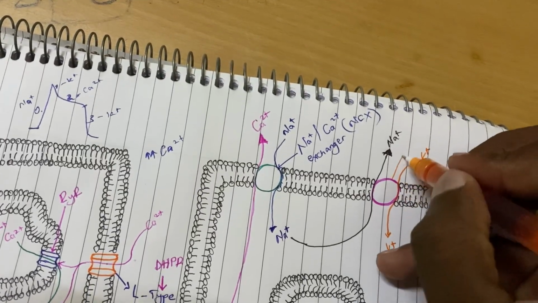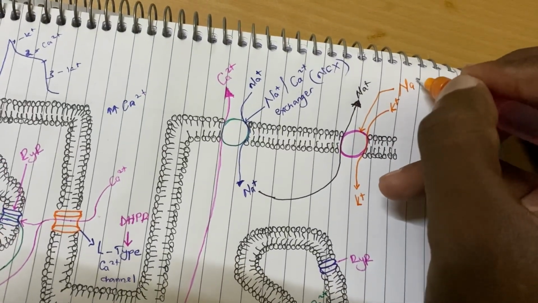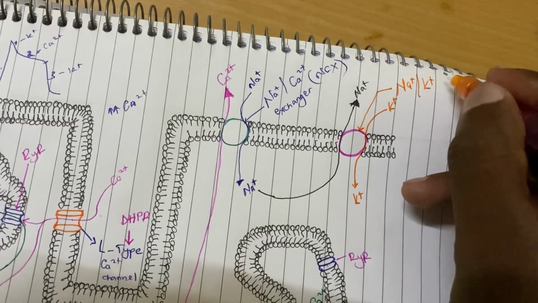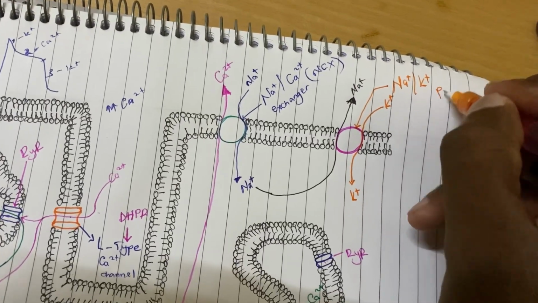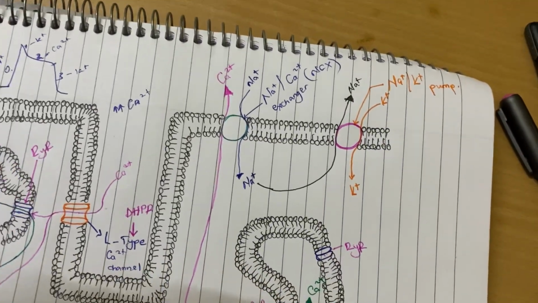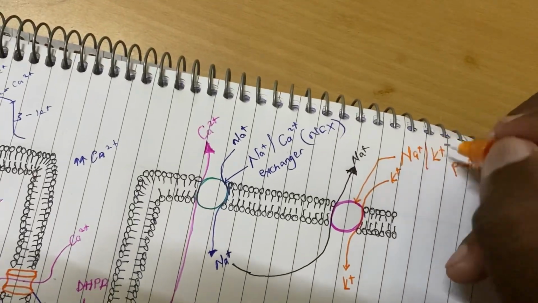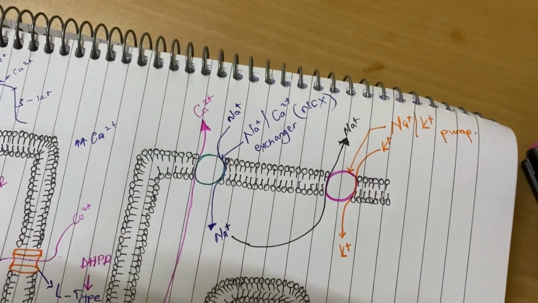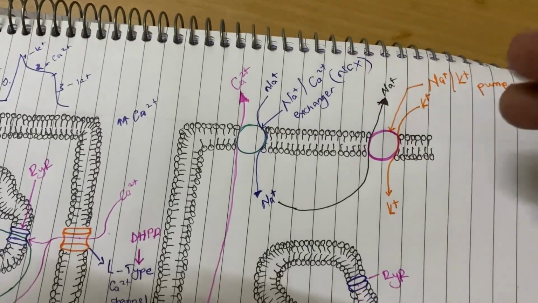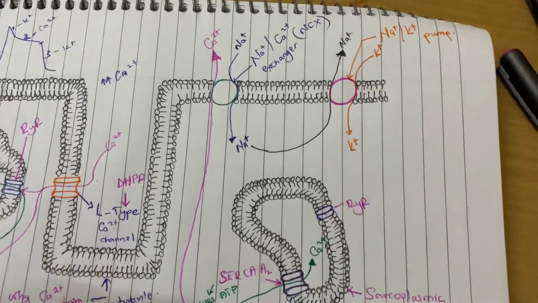The name of this guy is the sodium potassium pump, or ATPase. The sodium potassium pump, the one that you read exchanges 3 sodium for 2 potassium, one for maintaining the resting membrane potential or for establishing it. You see the cycle, how interesting it is.